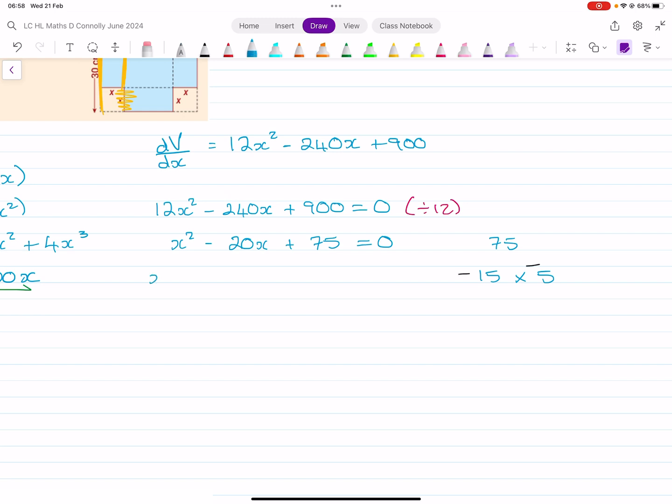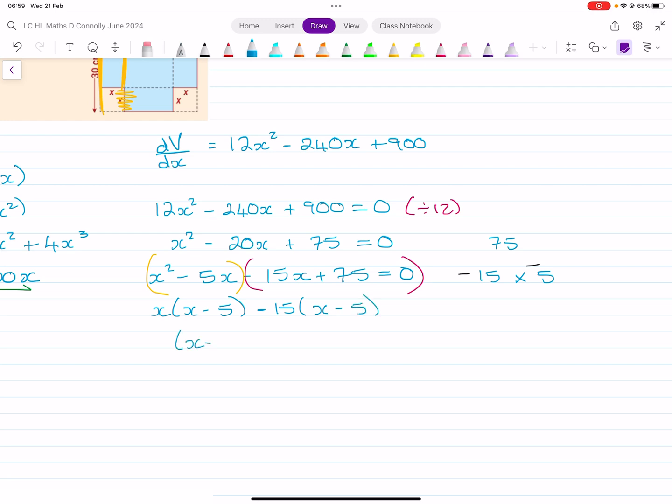So that is x squared minus, I'll put the 5 here, I'll put the 15 here, plus 75. Pair off. So I get x times x minus 5, and I get minus 15, and that gives me x minus 5.